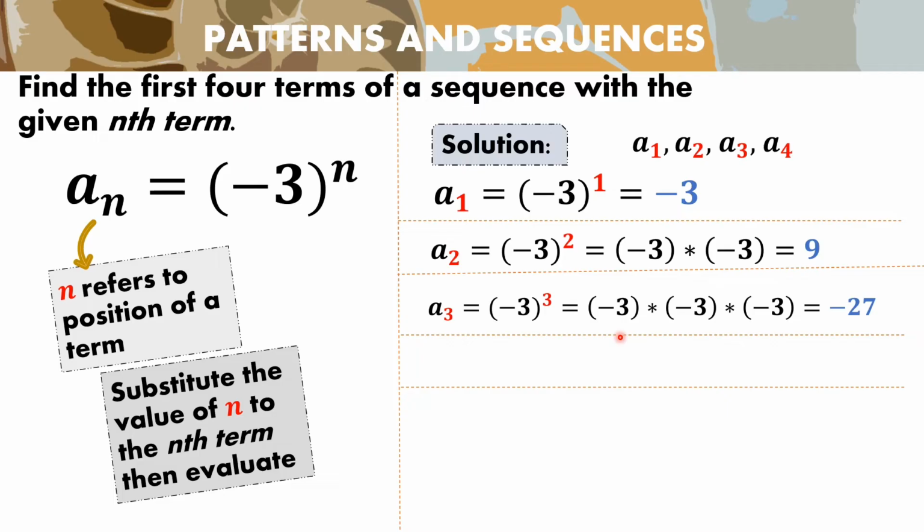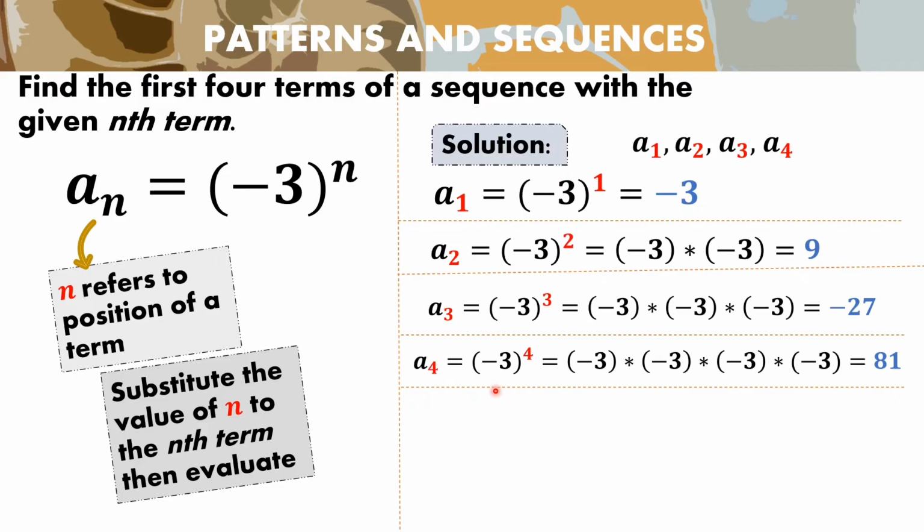We have negative 3 times negative 3 times negative 3 equals negative 27. Fourth term, or a sub 4, n is equal to 4.